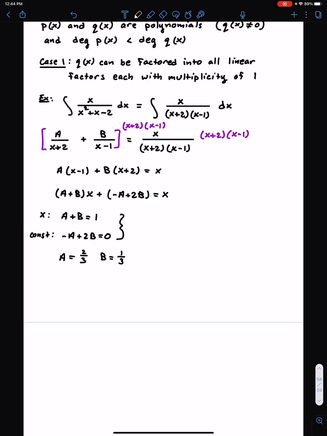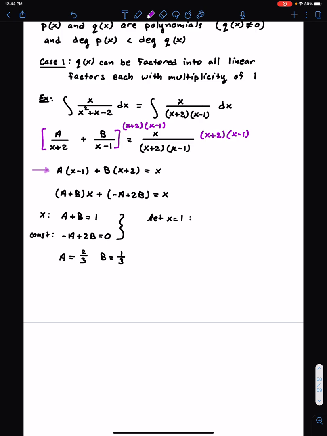Instead of solving a system of equations, the shortcut is to choose x to be some numbers and figure out what happens. You can use a combination of both, or you can use one method or the other. I usually use a combination of both. If I let x equal 1, I'm going to plug in 1 for x into this line here.